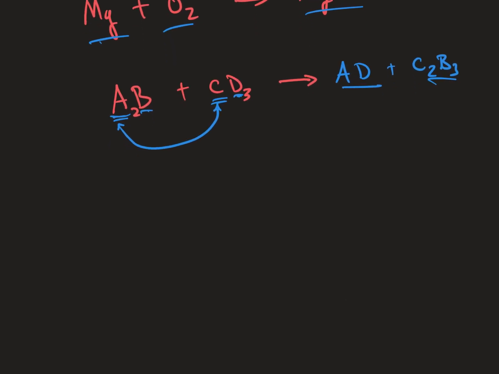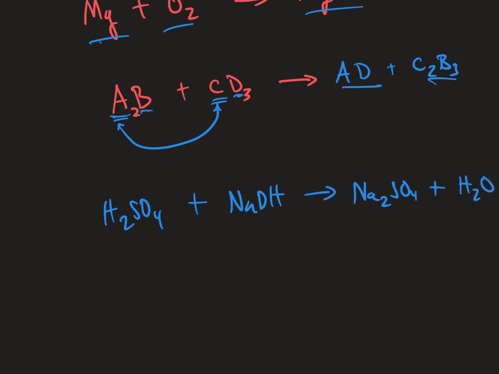Okay, if we have, let's say, H2SO4 and sodium hydroxide, and we get something else. What is this type of reaction? Well, let me just write down what we get. Acid base.